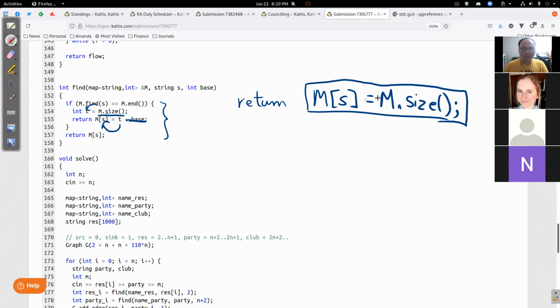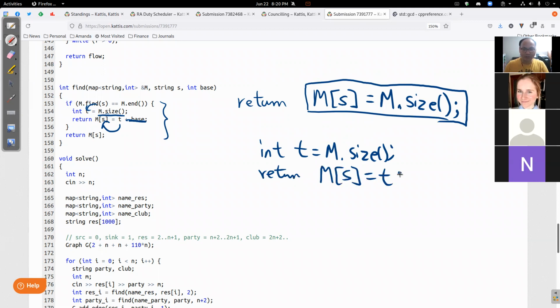What is the difference between this and writing it in this way? It looks almost the same. Forget about the return. The return is a red herring. But the idea is, why did I have to break this assignment into assigning a temporary and then putting in the M bracket S? Why don't I just write it all in one go?